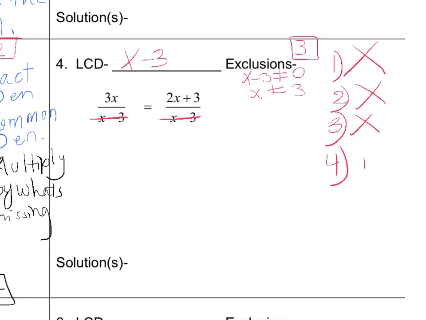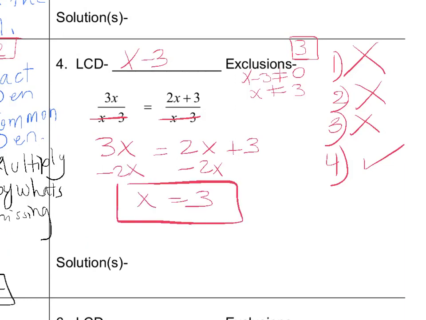Now here, we moved on to number 4, which is cancel out the denominator. So you'll be left with 3x equals 2x plus 3. Minus 2x, so x is equal to 3. But, it is the exclusion, so we call it an extraneous solution.